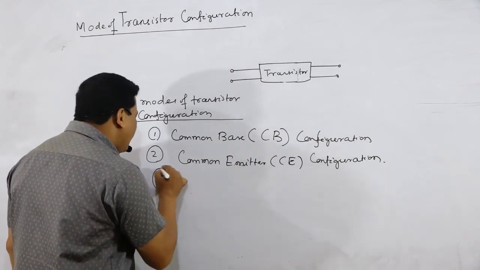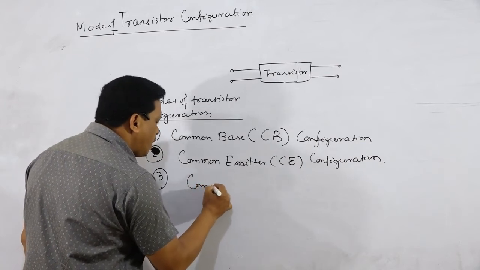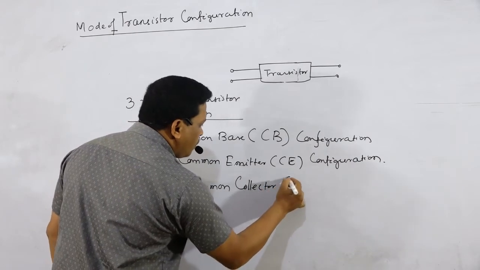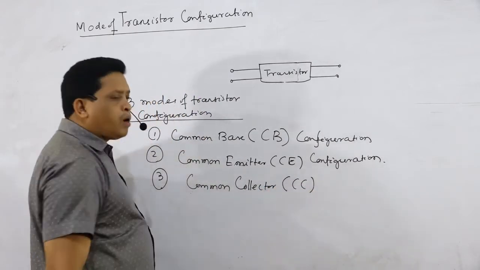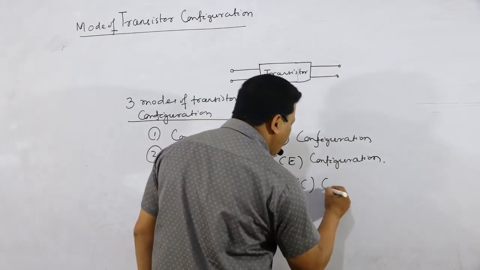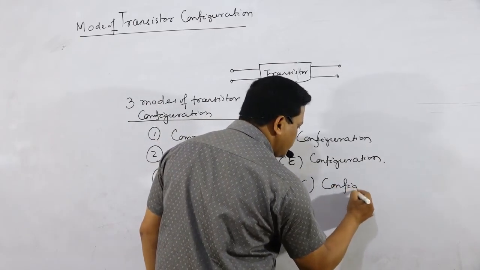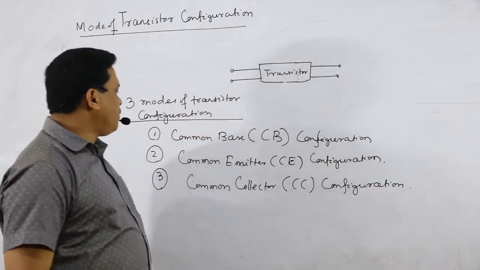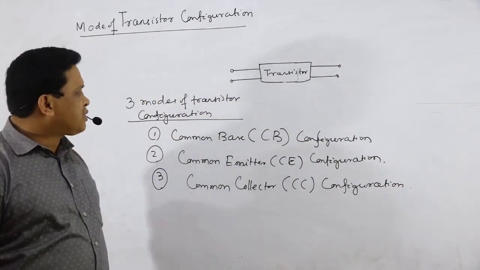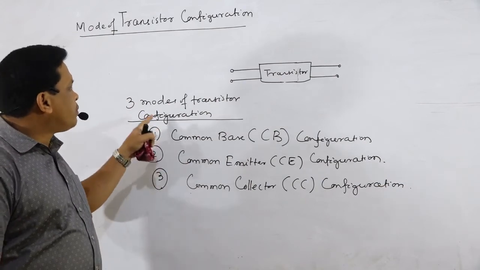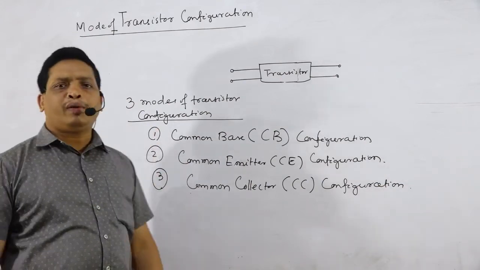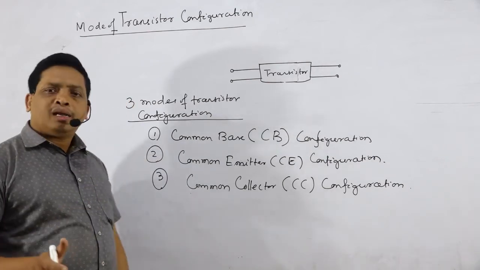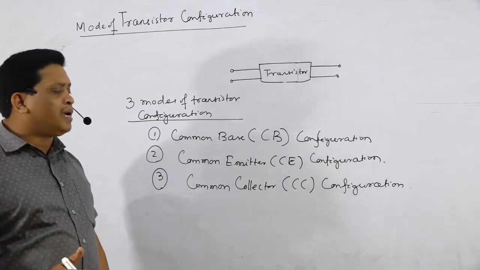The third one is common collector, which we mark as CC. Common collector configuration. So these are the three types or modes of transistor configuration: common base CB, common emitter CE and common collector CC.